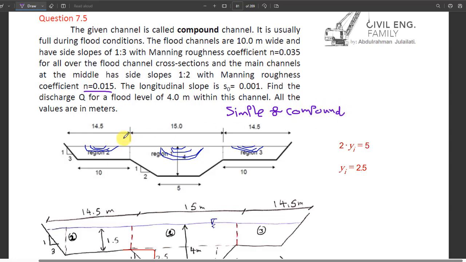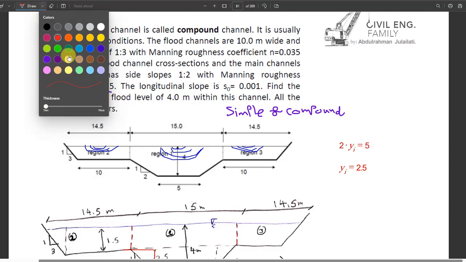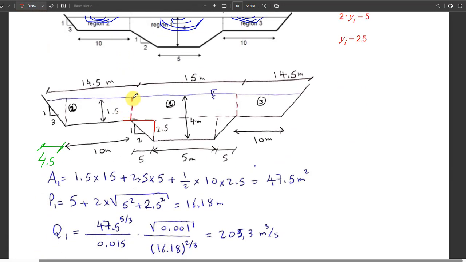Okay, so how can we start? I should divide using the vertical interface excluded. Therefore, I should divide the channel into 3 channels. Here we have divided at the breaking points. So in this question, it is clear that I should divide in this way.